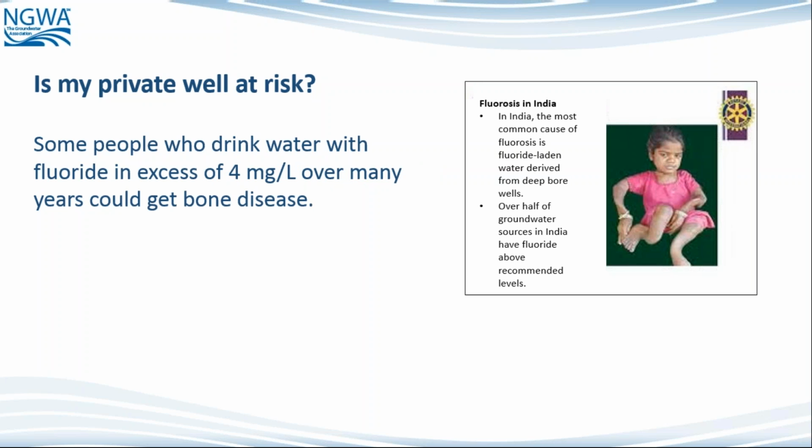Throughout the world, we see people who actually drink water with fluoride in excess of that 4 milligrams per liter over many years, and the bone issues associated with fluoride do have a long time of effect.